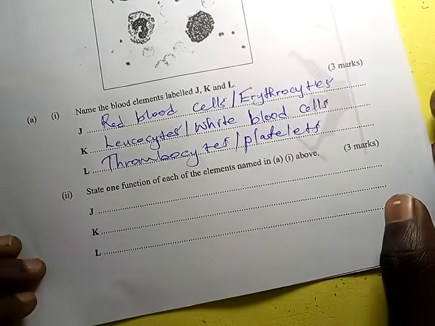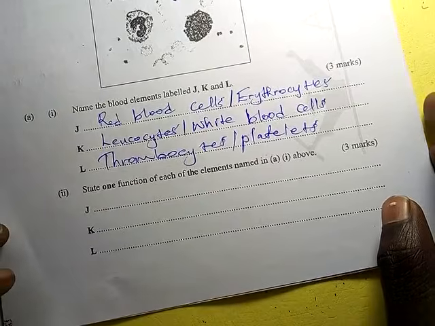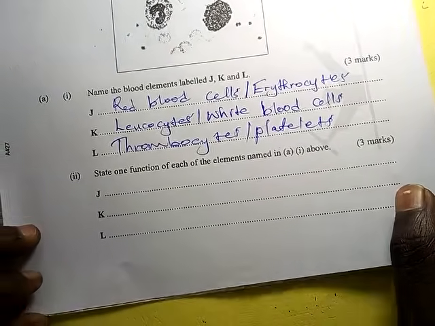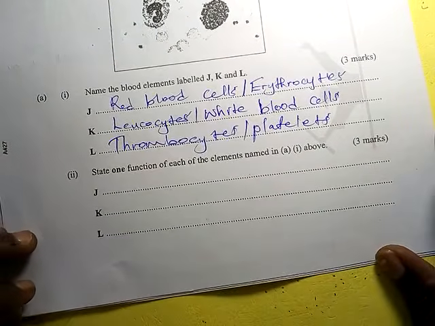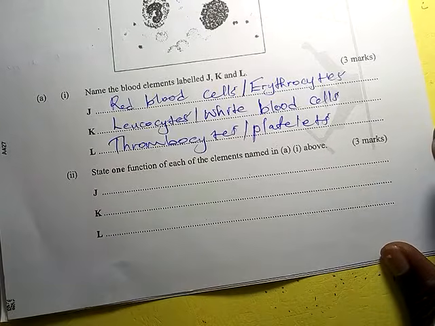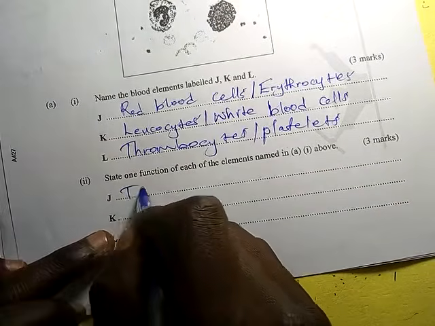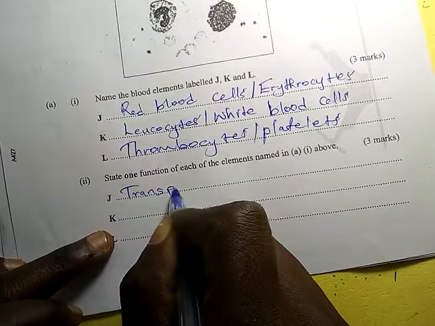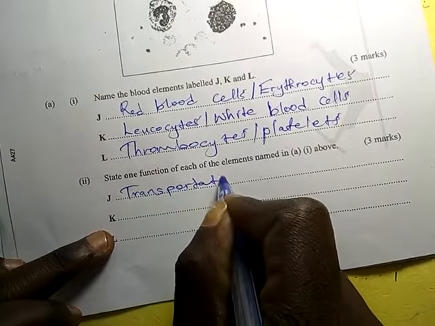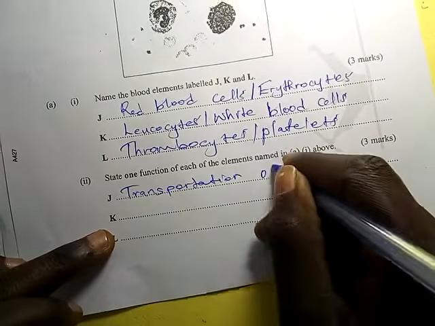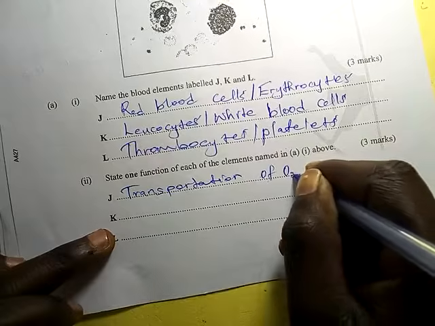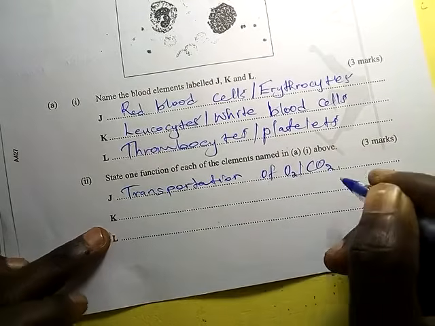State one function of each element named in Roman 1 above. The function of the red blood cell is to help in the transportation of oxygen and carbon dioxide.